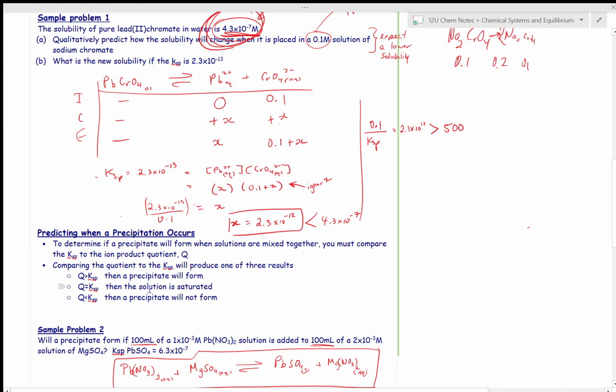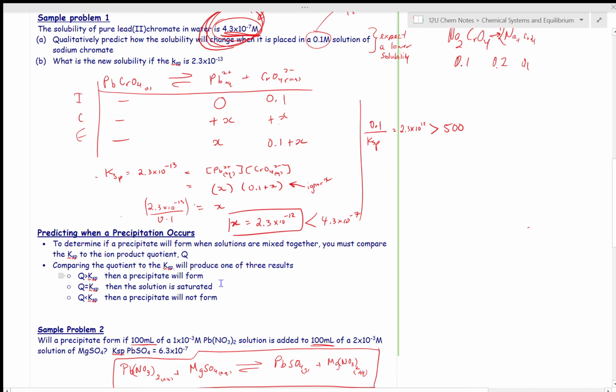This is just like before when we looked at the reaction quotient, our QC values versus our KC values. Now we're looking at QSP versus KSP. Of course, if Q is equal to K, then we have a saturated solution that has reached the saturation point. If Q is greater than KSP, a precipitate will form.